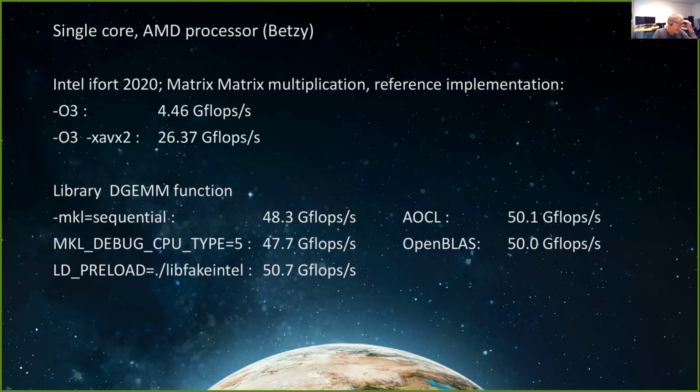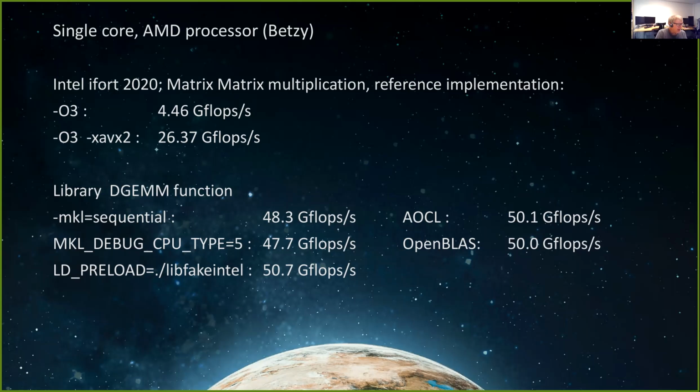You can see if we are lucky, we can get tremendous impact on performance if we get the compiler to do it right for us. The matrix multiplication reference implementation gets up to 26 gigaflops per second for a single core. If we use a library, we can get up to 48, 47, and 50.